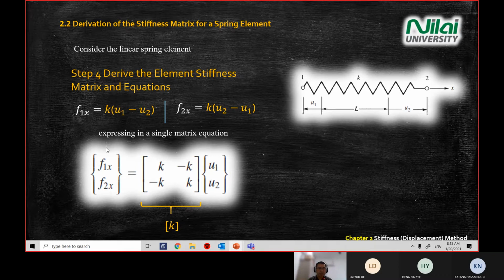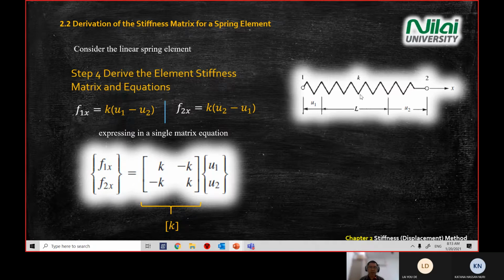On the left is force, in the middle is the stiffness coefficient. Here we can see that we have a symmetric matrix, with positive K and positive K, and the displacement on the right. So this is the matrix for a spring structure element.